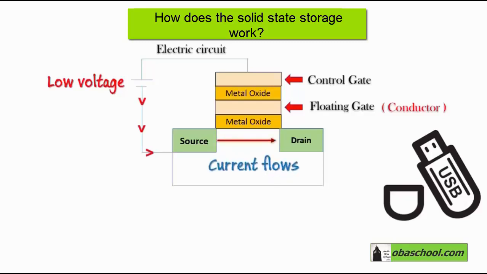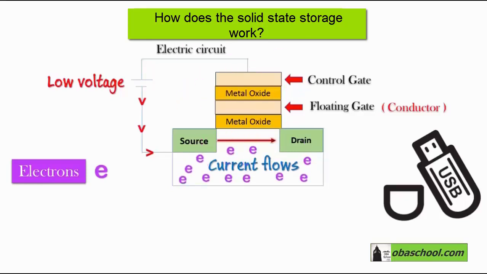And here we will have current flows, and these are called electrons. So the electrons are electricity and they have the symbol E. And here in the current flows, we will have electrons like this. And here the bit value will be 0, and this is the binary language of the computer.